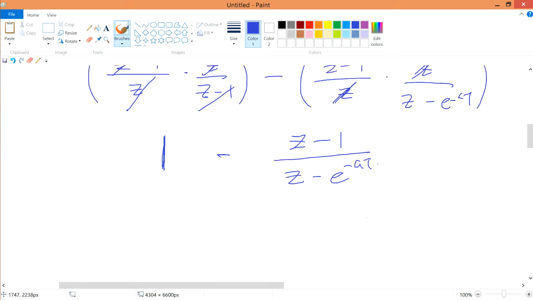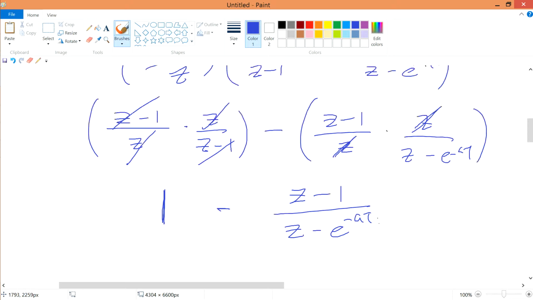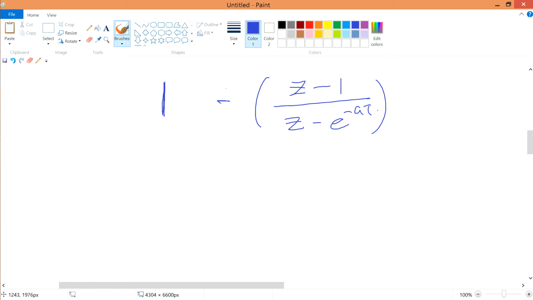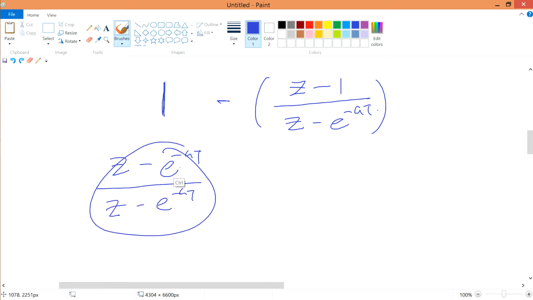Don't feel bored, because later on you get to see this thing is actually familiar to something. So over here what we can do is rewrite this as z minus e to the minus aT over z minus e to the minus aT. This thing is equal to 1, because if you divide them by each other you have 1. Then minus z minus 1.